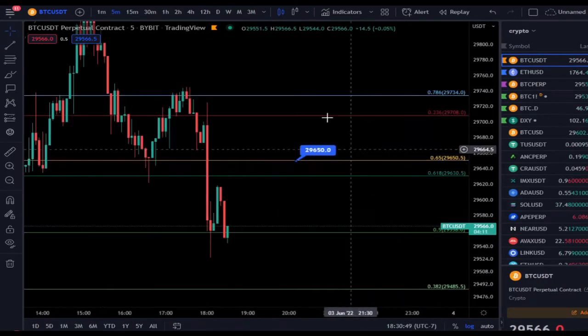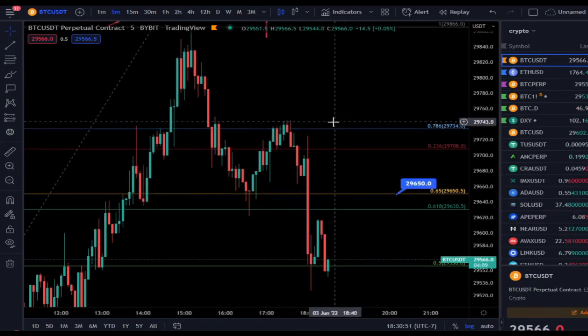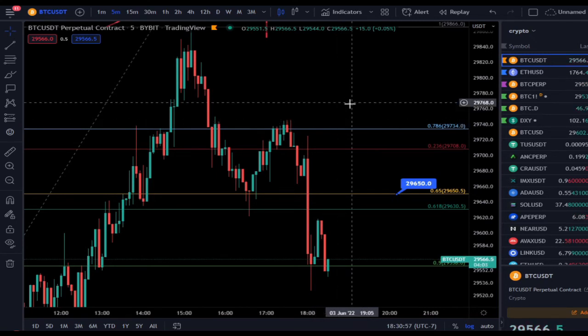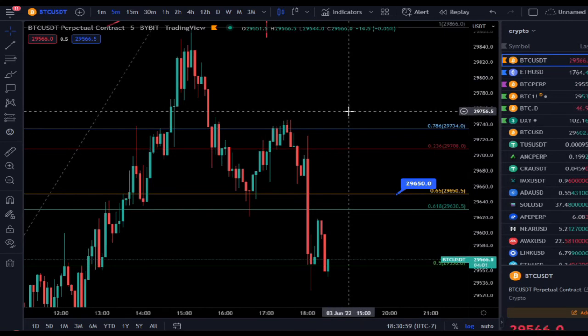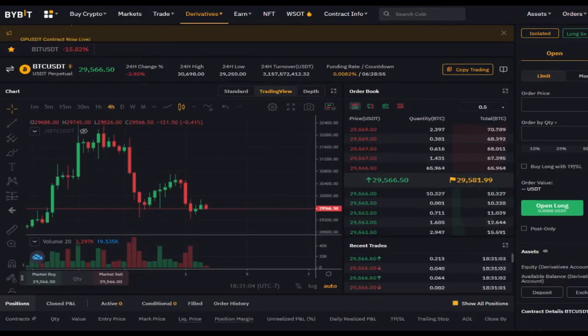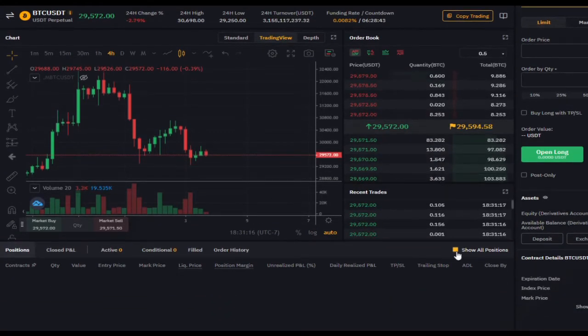If you have your stop loss sitting right here at 29,744, but the mark price is trading at, like, 29,755, whatever, like 20 bucks higher, then you're going to get stopped out. And then you're going to be upset and wonder why. So just understand the way the mark price works here. It trades about $20 higher than the actual price. Take that into consideration as you're going through it.